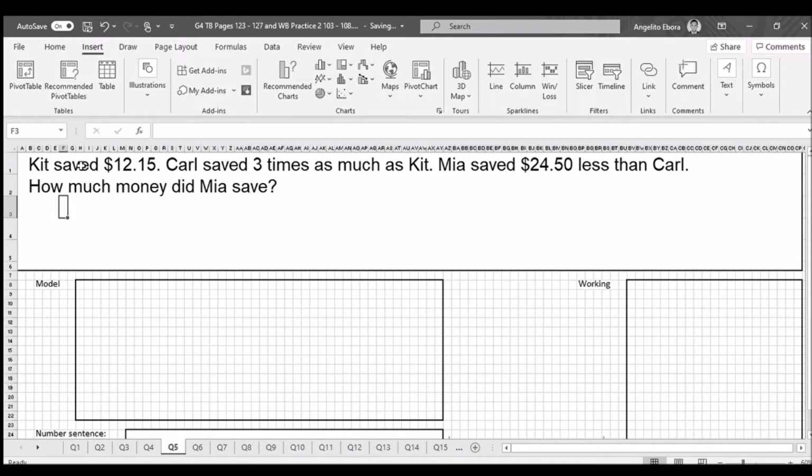So it says Kit saved $12.15. So let's label it. So this one is Kit. This one is Mia.